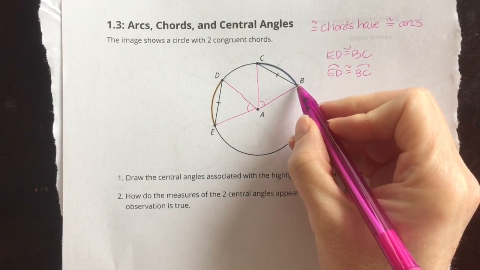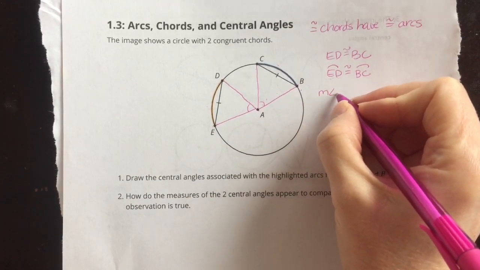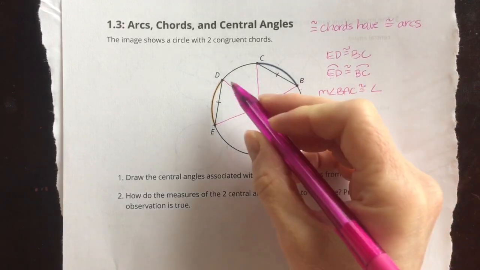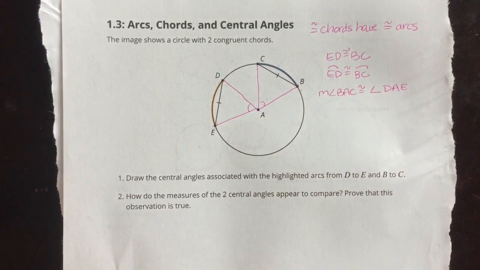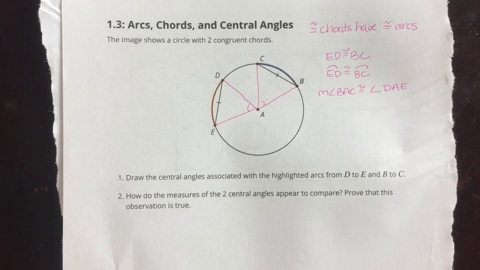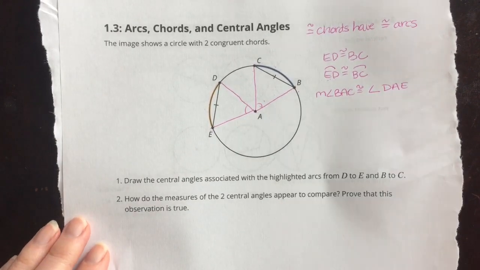So that would mean the measure of angle BAC would be congruent to the measure of angle DAE. My two central angles would be congruent as well. So a lot of neat relationships in that picture.